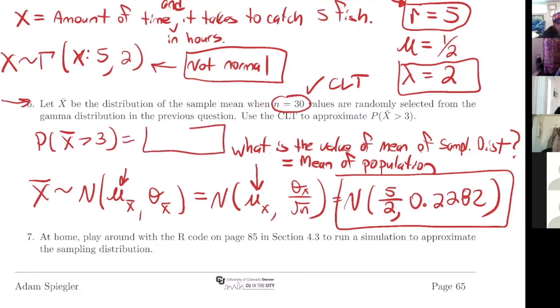What's a formula that we could use in R to calculate this, now that we know the distribution for the sample statistics? So in other words, this should be some form of a p-norm function.